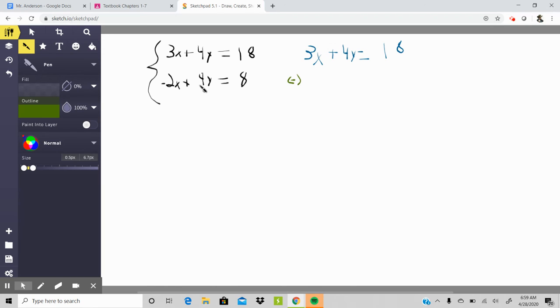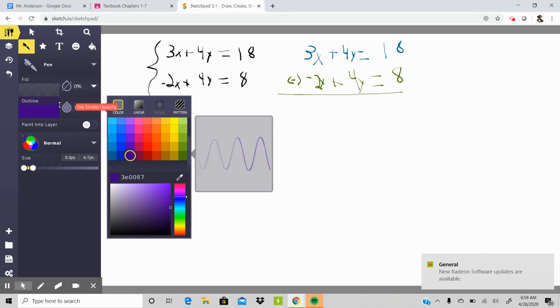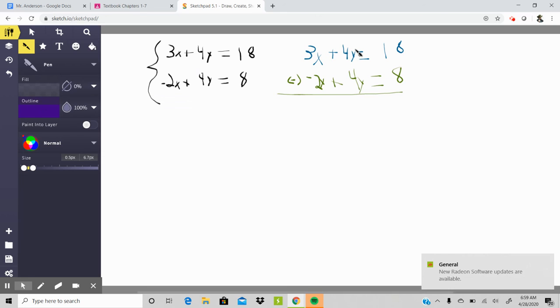So I'm going to, instead of adding this equation, I'm going to subtract it over. So subtract negative 2x plus 4y equals 8. All right. So now if I subtract everything, 3x minus a negative 2x.